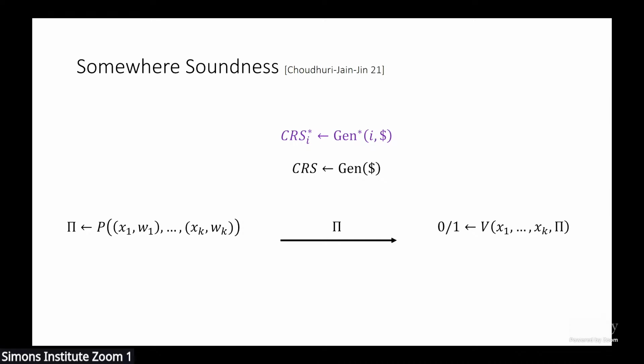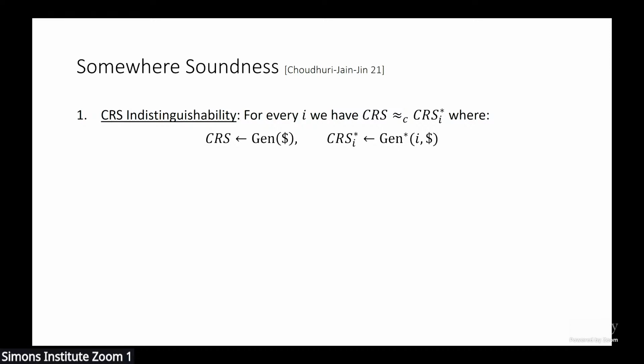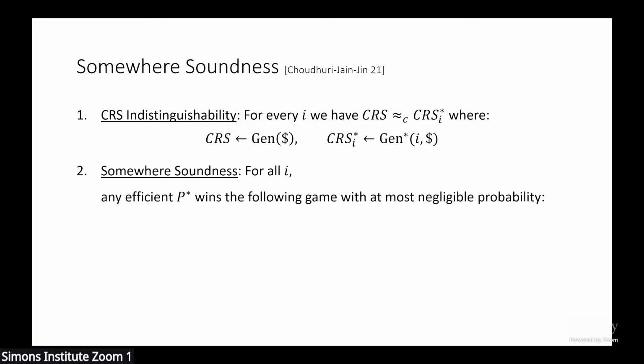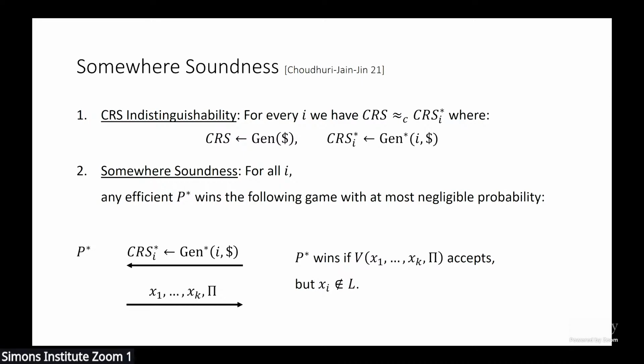A bit more formally, somewhere soundness requires two properties. First, CRS indistinguishability: for every i, the normal CRS sampled by Gen and the programmed CRS on i are indistinguishable from each other. The second property is somewhere soundness. It says that for every index i, we let our adversary play the following security game.